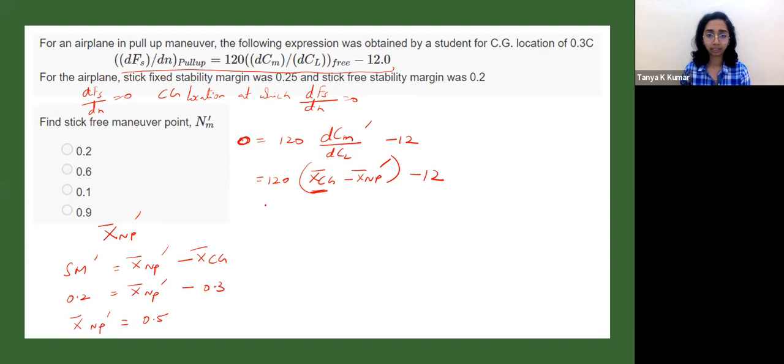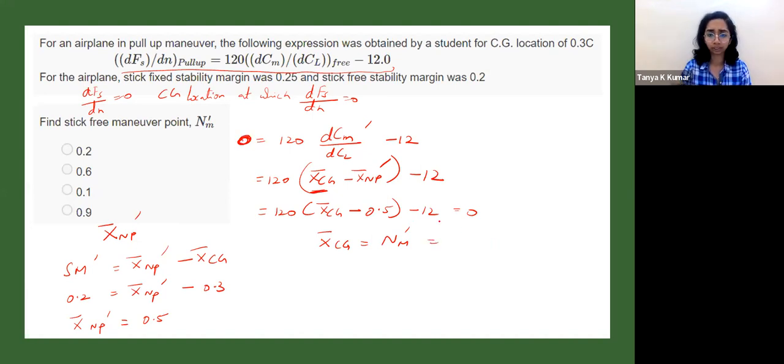Now plug that in here. You get 120 times X bar CG minus 0.5, minus 12, equal to 0. So what is this X CG? This X CG is nothing but your stick-free maneuver point, the CG location at which DFS by DN becomes 0.